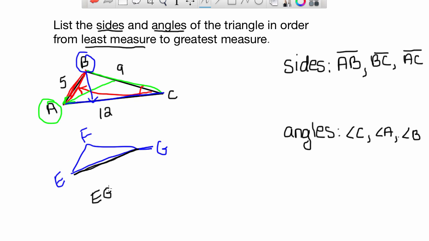So it's named by two vertices here, E and G. The angle that's going to be opposite it is going to be the letter you didn't use every single time. So that's another way to remember it. If the triangle looks kind of confusing, whatever the side is, look for the letter you didn't use, and that's going to be the angle opposite it. All right, so there you go.